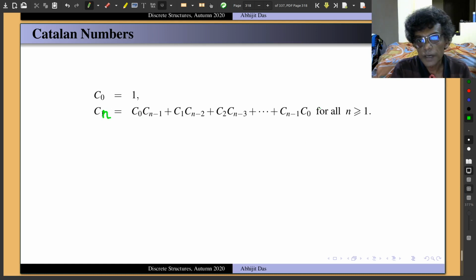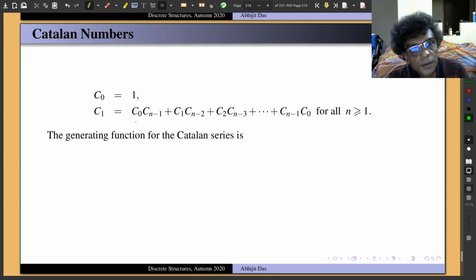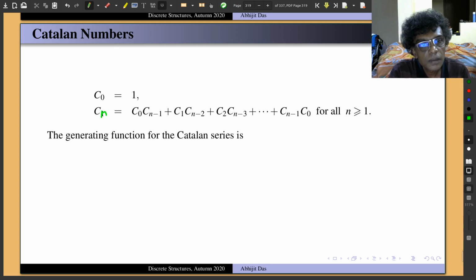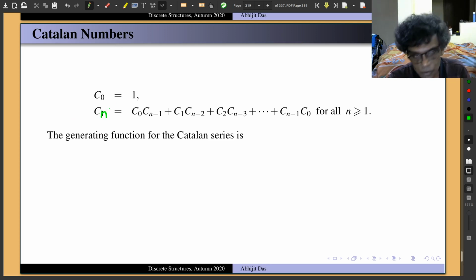Cn is this, for n greater than equal to 1. In this third lecture, there are quite a few typos. Sorry. Anyway, so this is Cn. Let me correct it once again. Anyway, it will vanish soon.